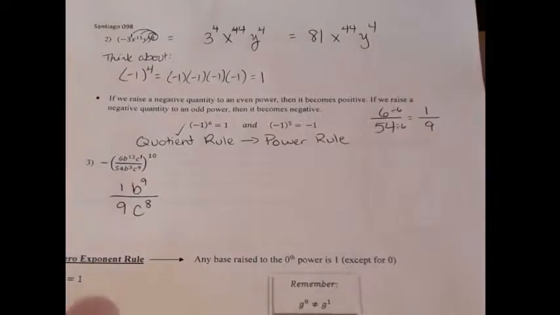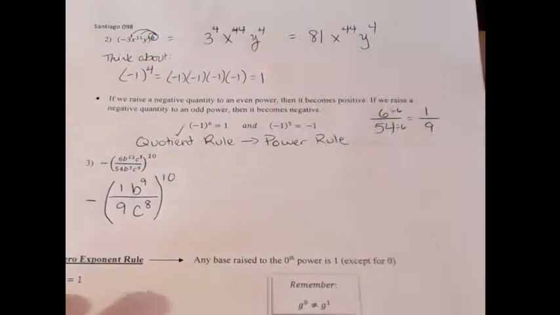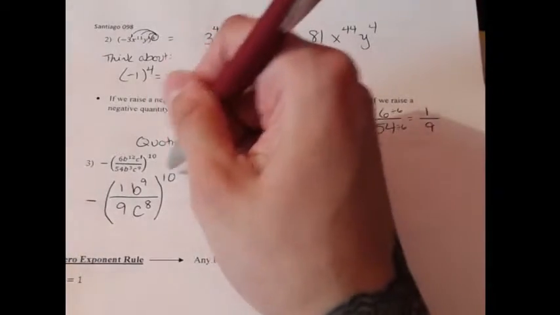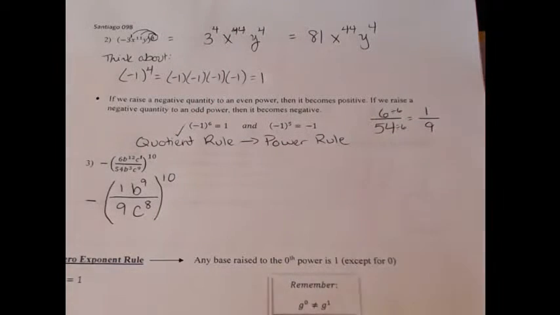The next thing I'm going to do is take this entire expression and note that it's being raised to the 10th power. I'm also going to note that there's a negative in front of our set of parentheses. We recall that when we have a power on the outside of the set of parentheses, and that's okay, Kayla, no big deal, we're doing this baby steps, we're going to distribute power times power.